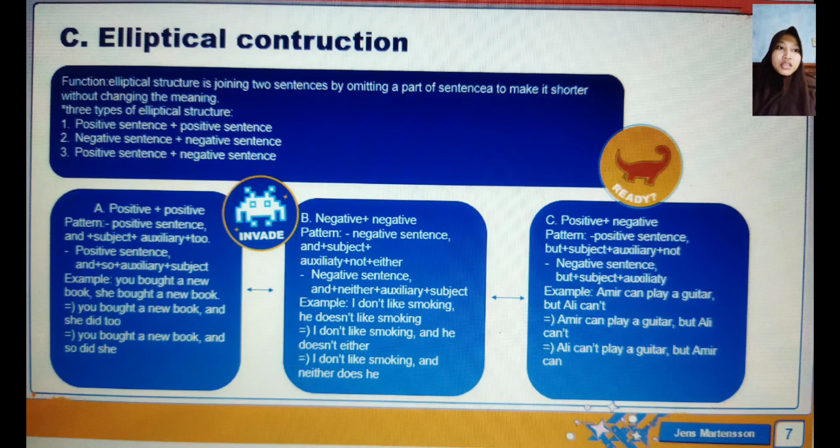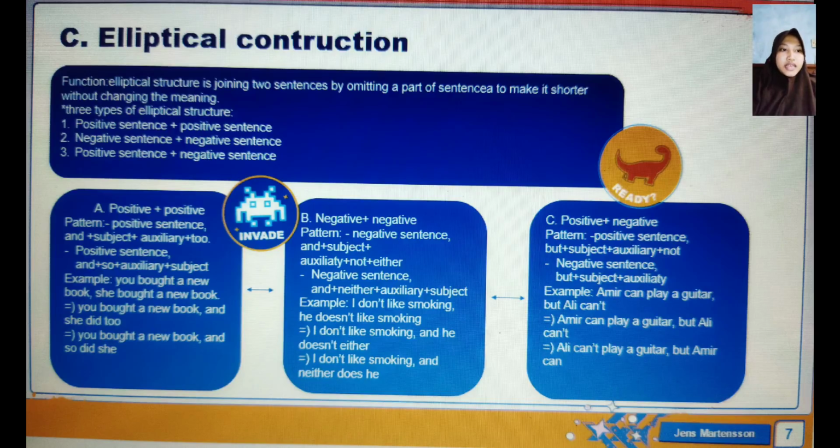Okay. B. Negative plus negative. One pattern is negative sentence, comma, and plus subject plus auxiliary plus not plus either. And the second pattern is negative sentence, comma, and plus neither plus auxiliary plus subject.